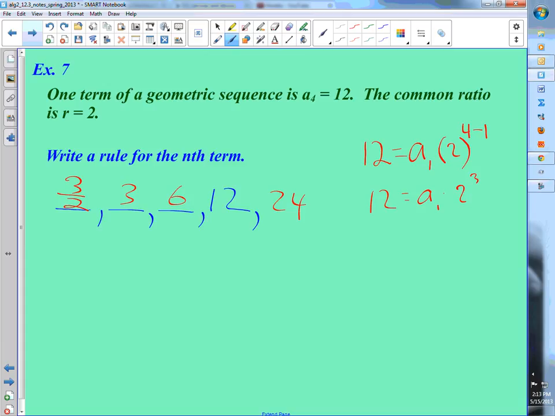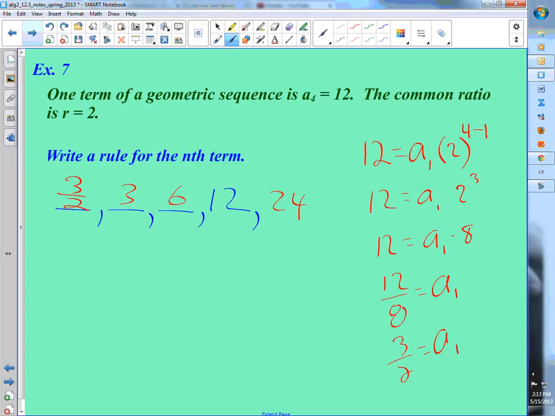What's 2 to the third? That's your 8. And when you divide 12 over 8, that will give you A sub 1, and A sub 1 when you reduce is 3/2. I don't need you to do that if it's a small number, but honestly, if you try to play this game all the way through, you're going to have issues.